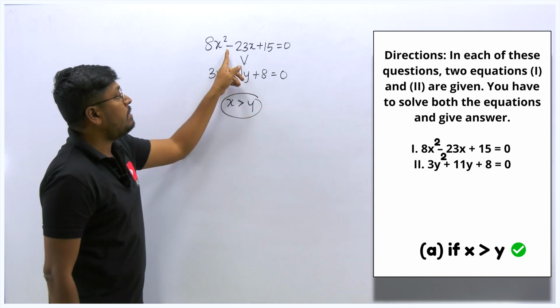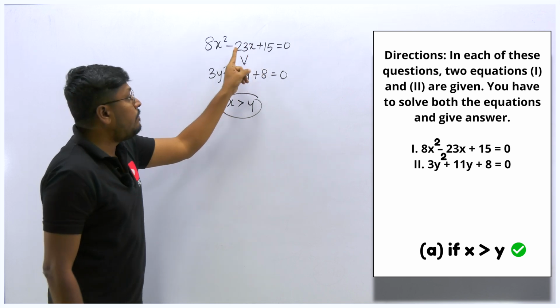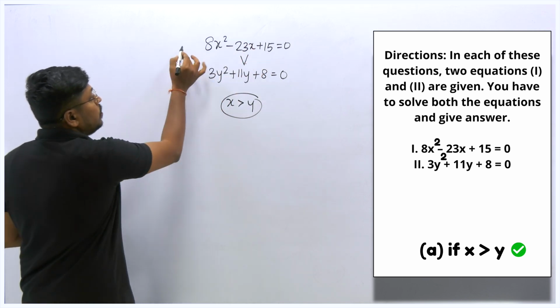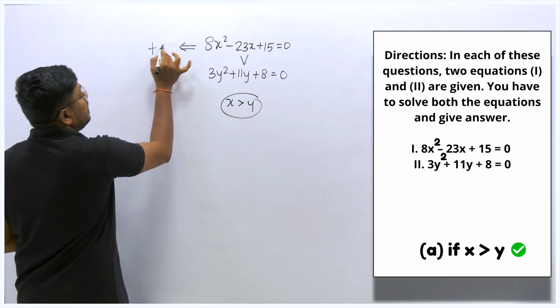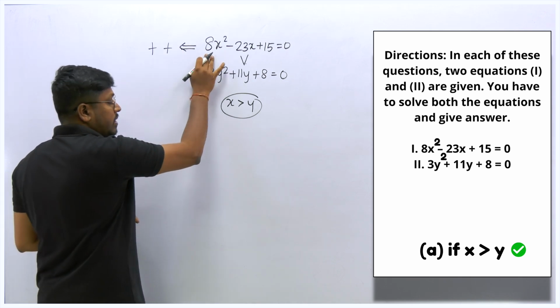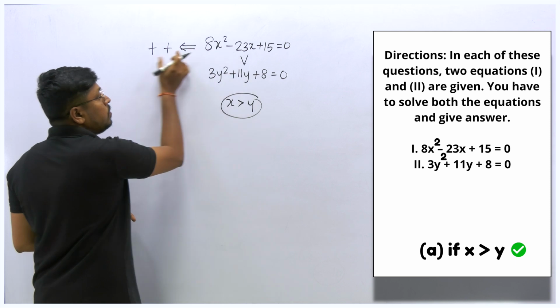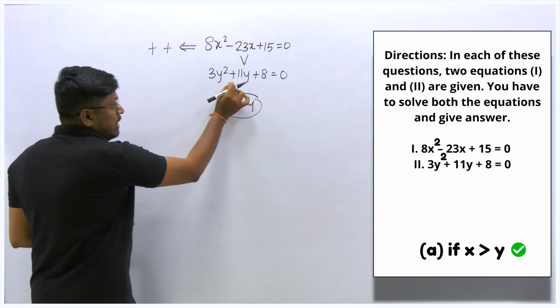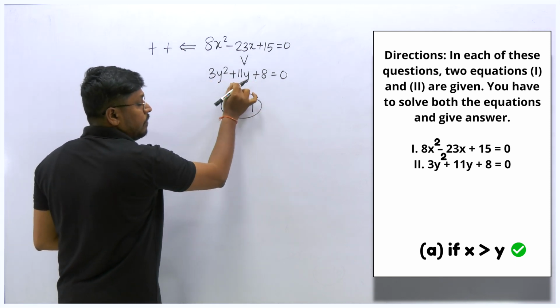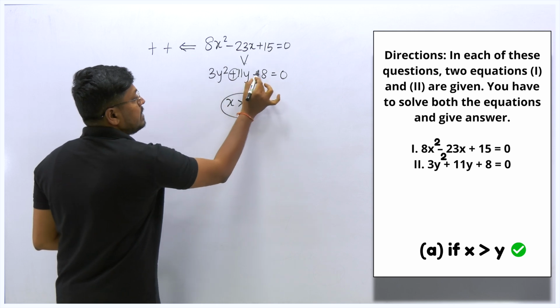Here you can see minus and plus, right? If it is minus and plus, you will get both the roots positive. If you solve the question and find the roots of this quadratic equation, you will get both the roots in a positive way. And similarly, if you solve the second equation for y, here we have plus and plus.